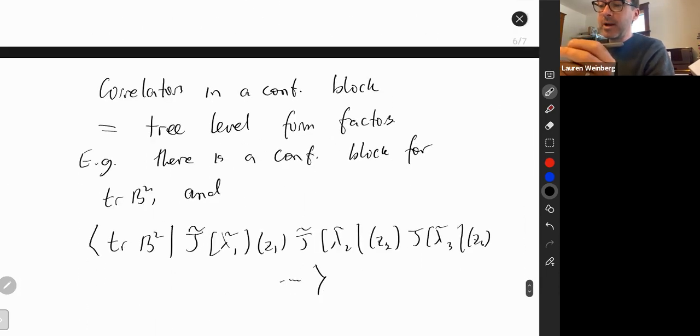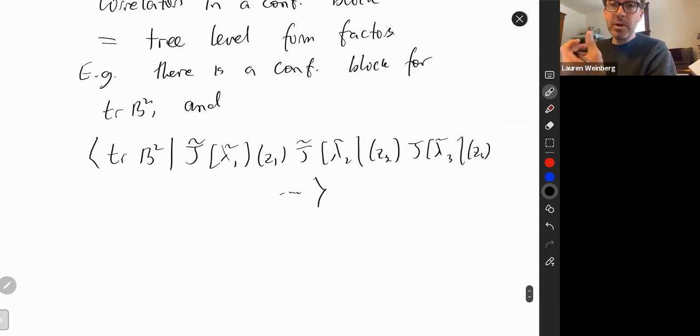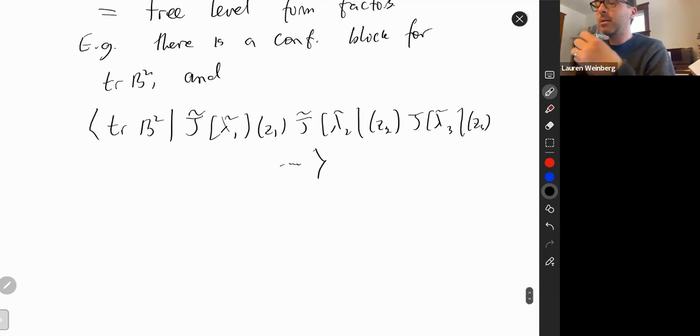So I need to figure out a conformal block with the same quantum numbers as trace b squared. Because the Parke-Taylor amplitude doesn't have any square brackets in it, we don't expect any dependence on the lambda tildes, and we don't find that.